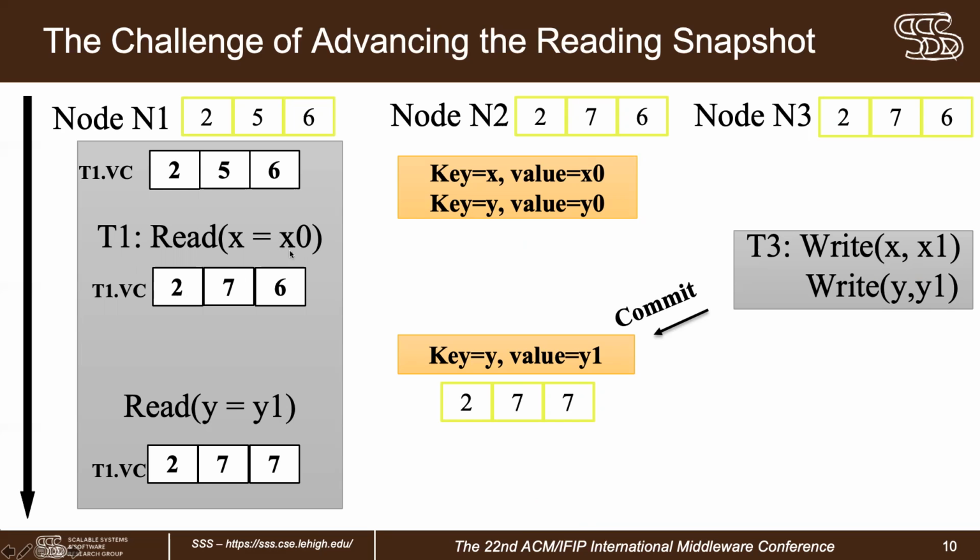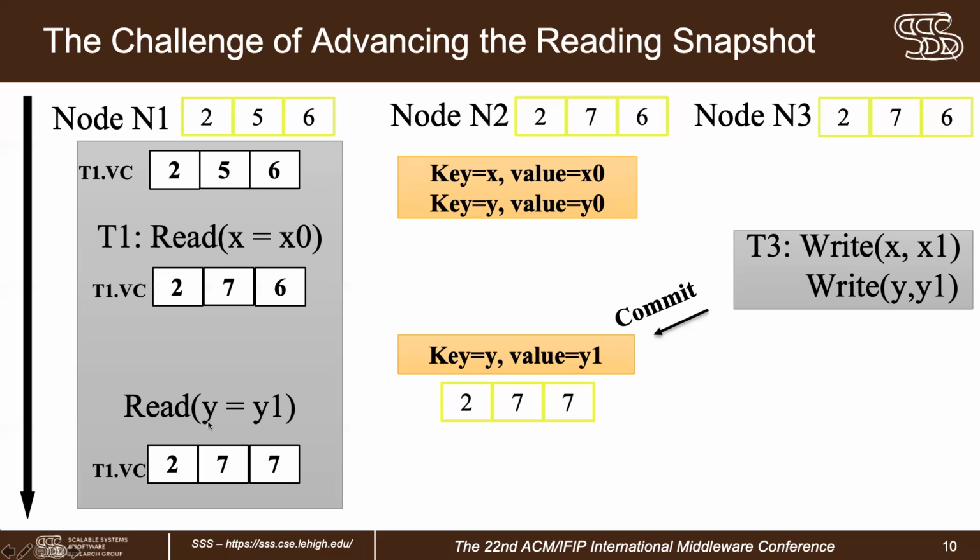So it picks X0. Concurrently, if one transaction T3 updates X and Y with newer versions, meaning X1 and Y1, and commits, then this newer version in the second entry has timestamp 7.